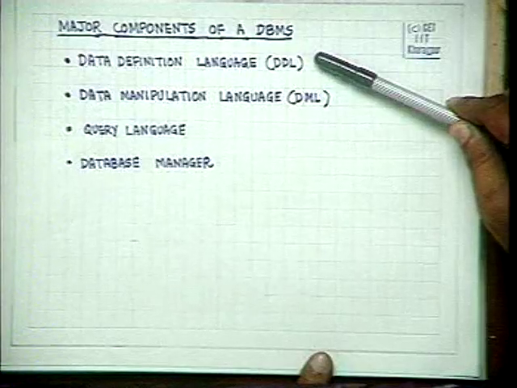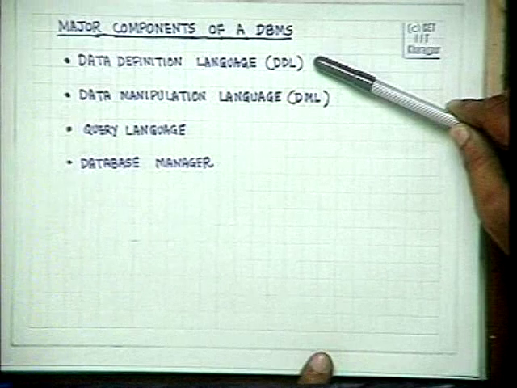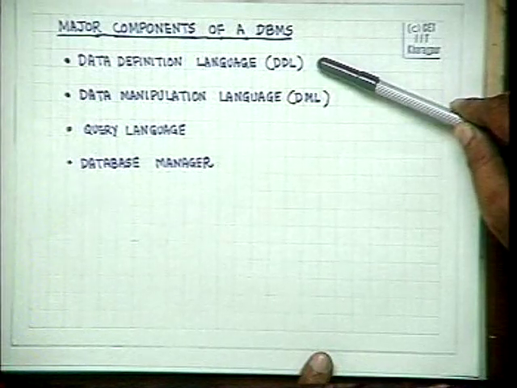How are they organized? How is one data related to another data? What are the constraints which have to be satisfied? What are the integrity constraints which have to be satisfied? Which data is shared? How will sharing take place? All this has to be defined in the data definition language. That is, the whole organization of the database will be defined in the data definition language.